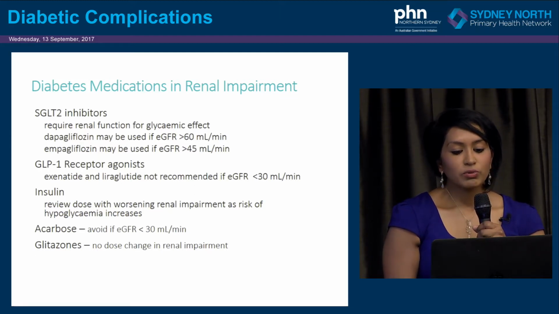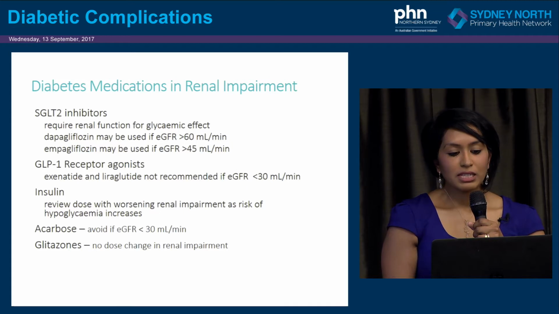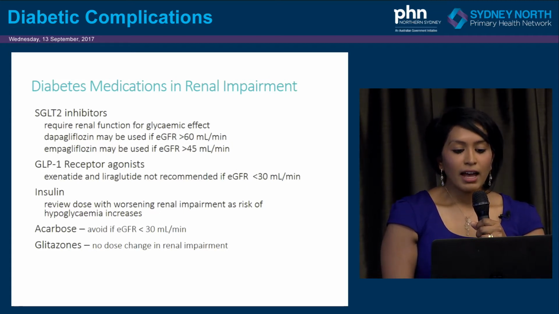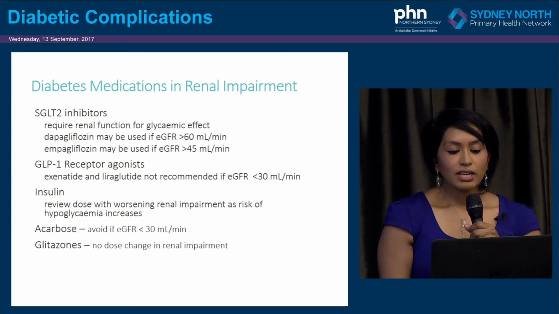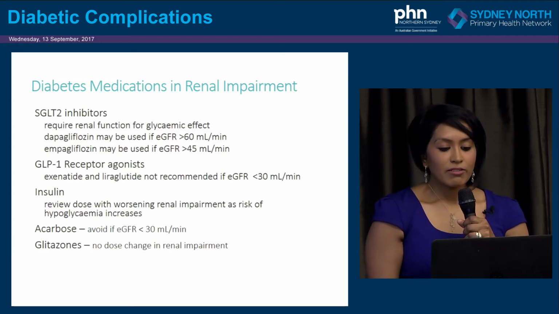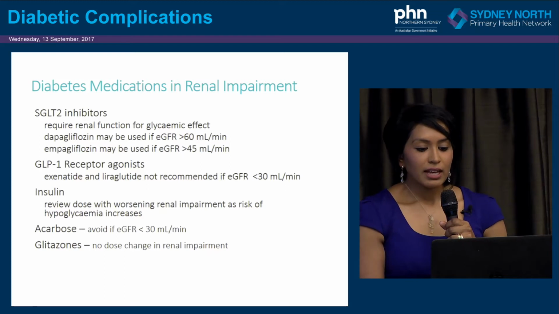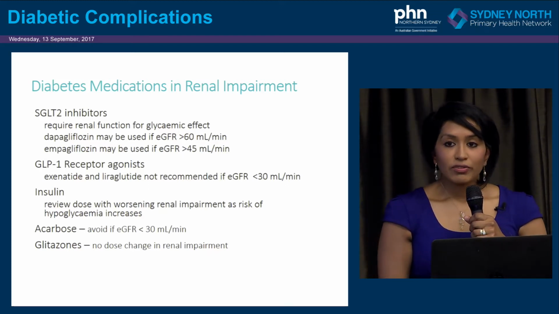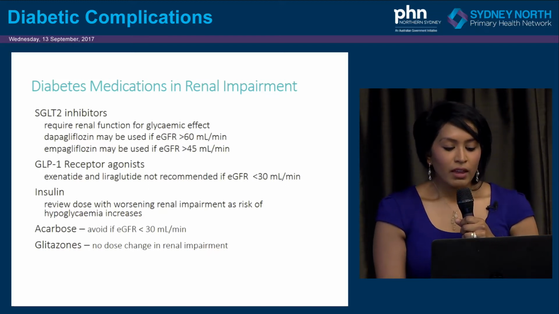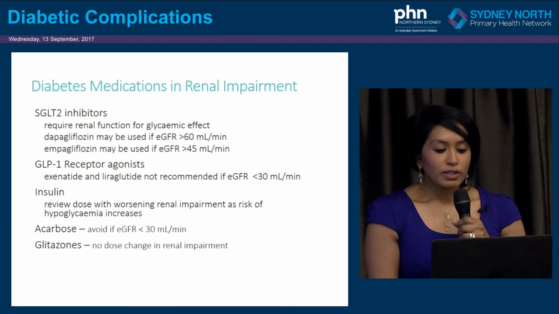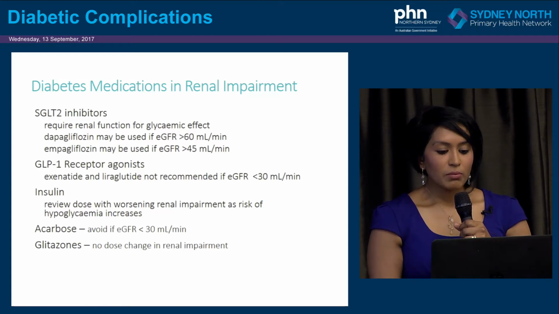So dapagliflozin would only be used if eGFR is above 60 and empagliflozin if eGFR is above 45. GLP-1 receptor agonists, so that's your Byetta, Saxenda, Victoza, Bydureon weekly, they're not recommended if eGFR is less than 30. Insulin is a good option in renal impairment, but you just need to think about reducing doses because of the risk of hypoglycemia.